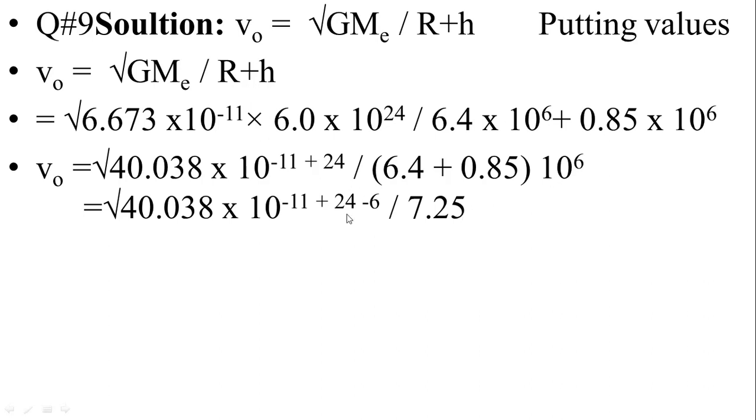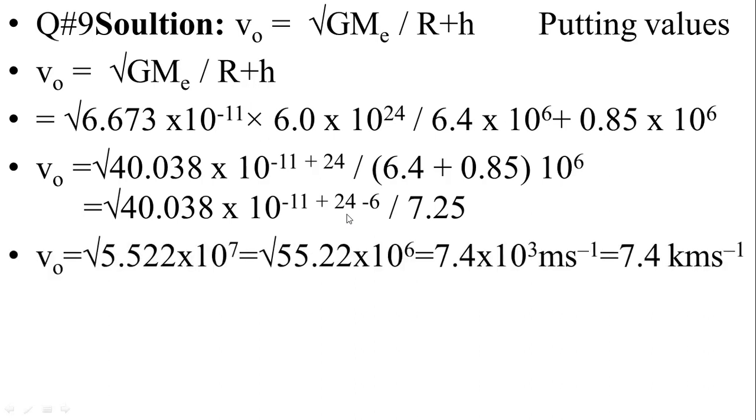The equation is 40.038 multiplied by 10 raised to power minus 11 plus 24 minus 6, divided by 7.25. Now 40.038 divided by 7.25, the answer is 5.522 multiplied by 10 raised to power 7, whole square root.